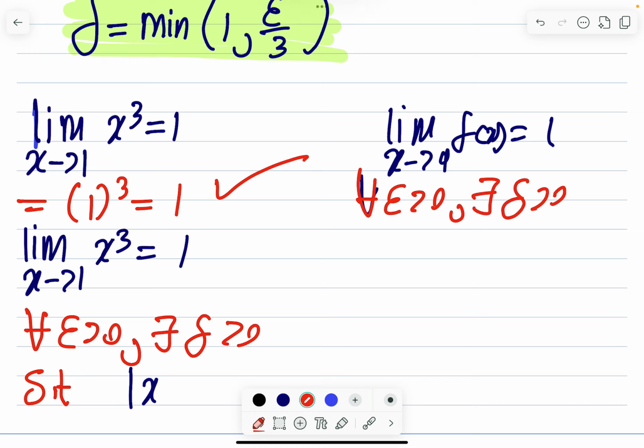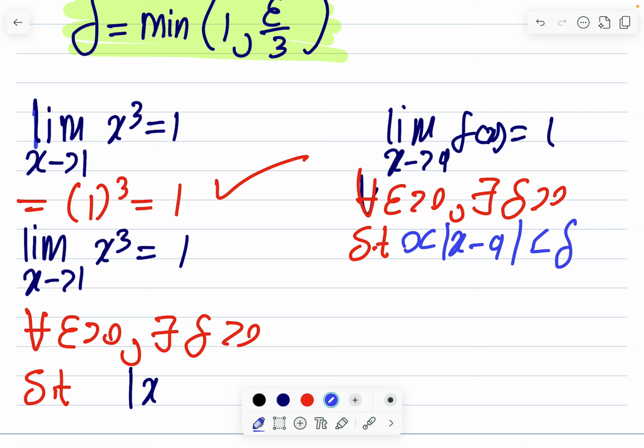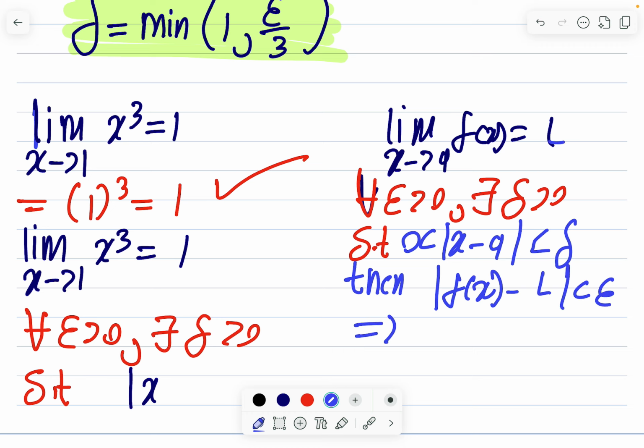Understand? There exists delta greater than 0 such that what? The absolute value of x minus a is less than delta but greater than 0. Then what? Then the absolute value of f of x minus L is less than epsilon.